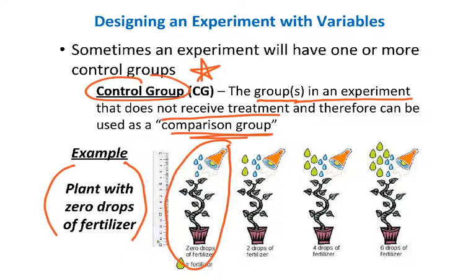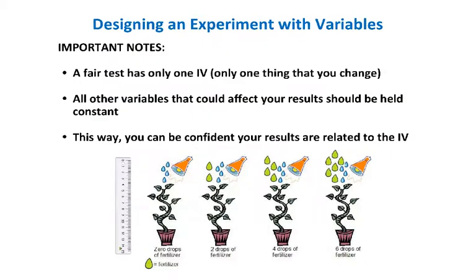Maybe it didn't need any fertilizer in the first place, right? Maybe it would have grown just fine without the fertilizer. So we need this comparison group. We need this plant that gets no treatment to be able to make a claim about whether or not the fertilizer really has an effect.